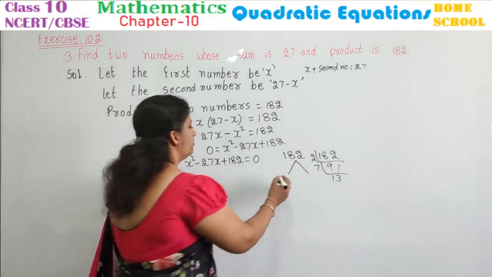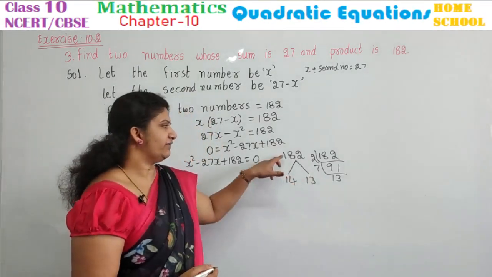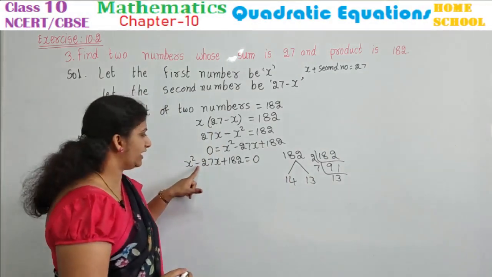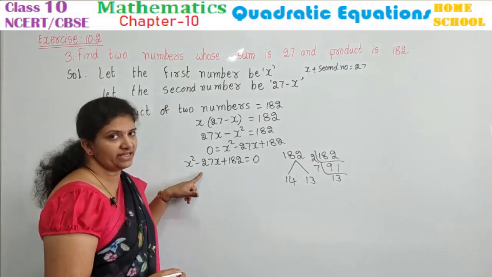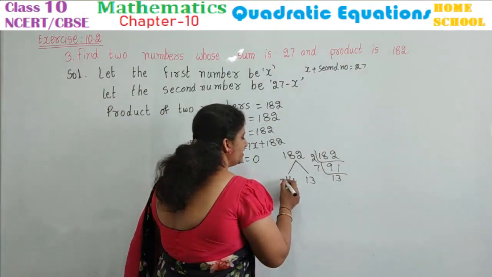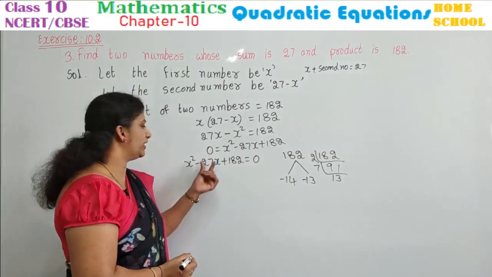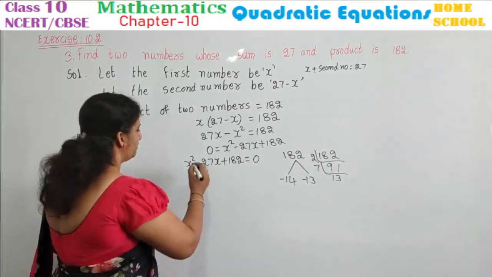Yes, 14 into 13 is 182. But you should get minus 27. How do you get minus? If you take minus 14 minus 13, when you add, you get minus 27.